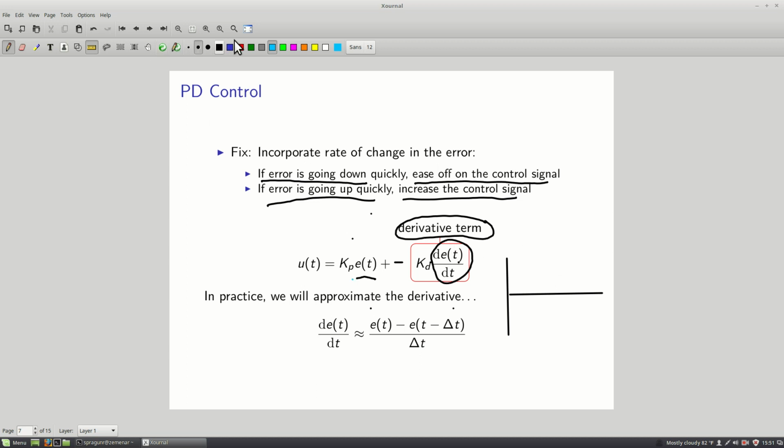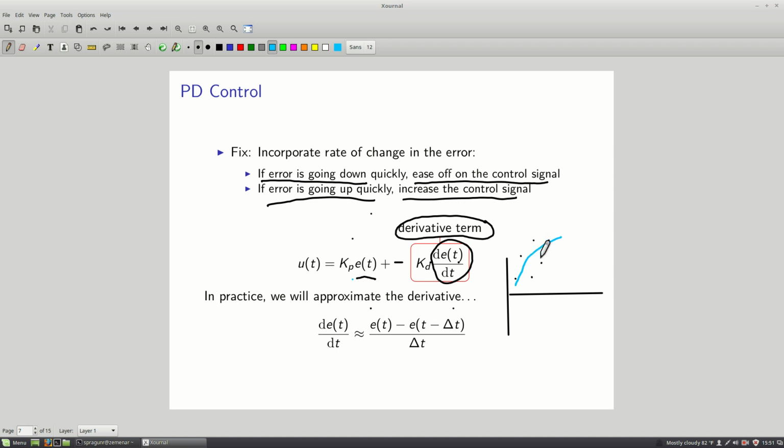Although one thing we have to be careful of is the situation where we have noisy estimates of the state. So in that case, we might end up seeing readings that look like this. So the underlying state of the system might be something like this.